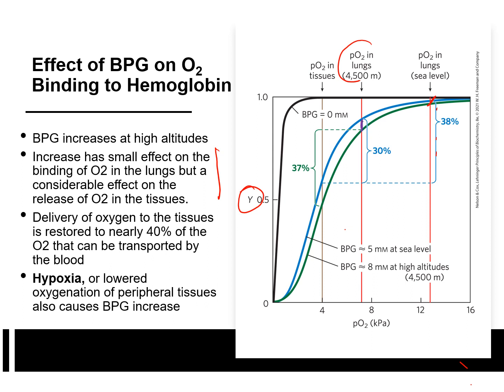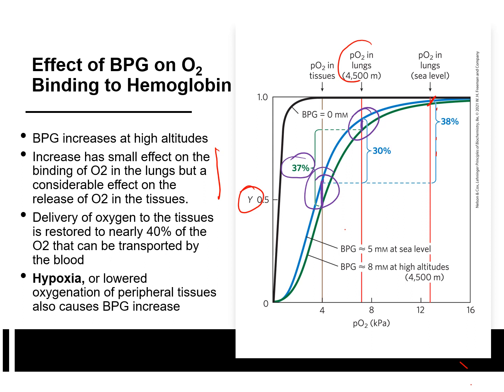Slightly lower when we have BPG of 8 millimolar, but not hugely different. However, if we do the same evaluation for the tissues, notice the difference gets much bigger. So minimal effect on binding in the lungs and maximal effect on release in the tissues, which is how we get back to this 37% number.